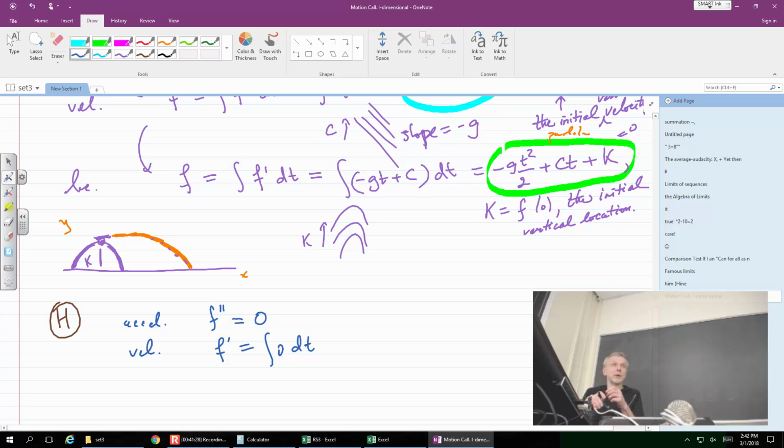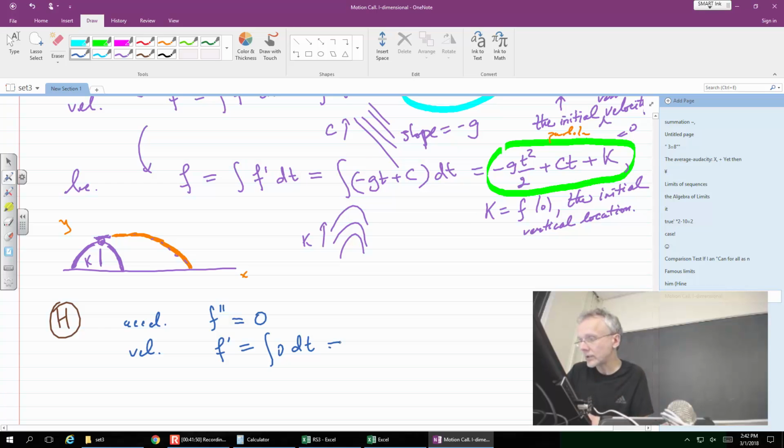constant, right? So all of these things that we learn about in the kind of abstract setting in Calculus 1 now become very specific, tell us something very specific about motion. So 0 acceleration gives us constant velocity. On the other hand, constant acceleration gives us linear velocity, and so on.